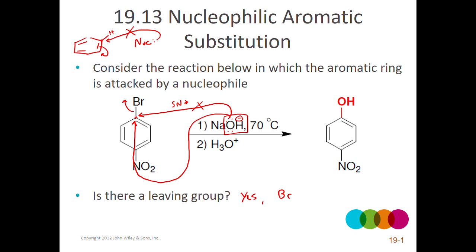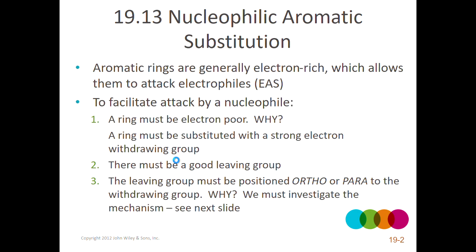And since this is an sp2 hybridized carbon, the orbital overlap isn't properly aligned there, and the sterics associated with that ring would prevent the hydroxide from attacking. So we can't do that either. So what we're going to be looking at here instead is what conditions need to be met and how does this process work.